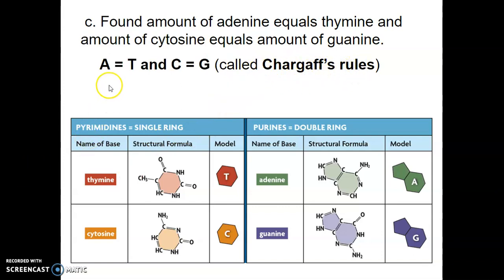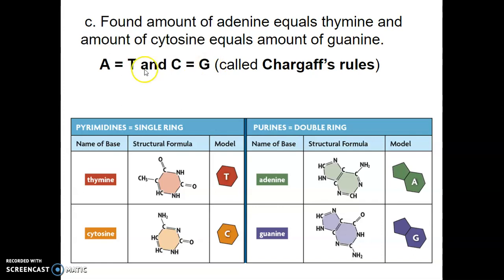Chargaff's rules said that in all living things, in DNA, the amount of adenine was equal to the amount of thymine. And the amount of cytosine was equal to the amount of guanine. Okay, this helps us understand how DNA is structured, and then we'll see later on in this unit how DNA functions, how it sends out the genetic code for all living things.